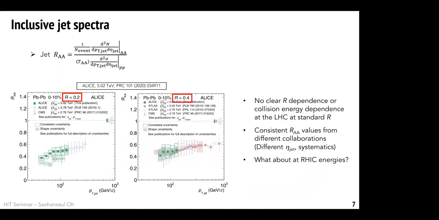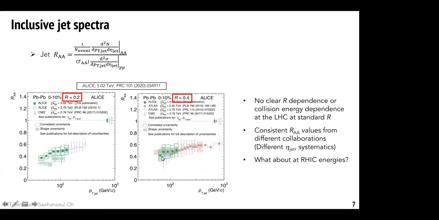In the same publication, ALICE also reported R equal 0.2, on the left, and R equal 0.4, on the right, two different radius jets. They also showed 5 TeV and 2.76 TeV results on the same panel. Most of the data points overlap each other, which means there's no clear jet radius dependence or collision energy dependence at the LHC at standard jet radius.